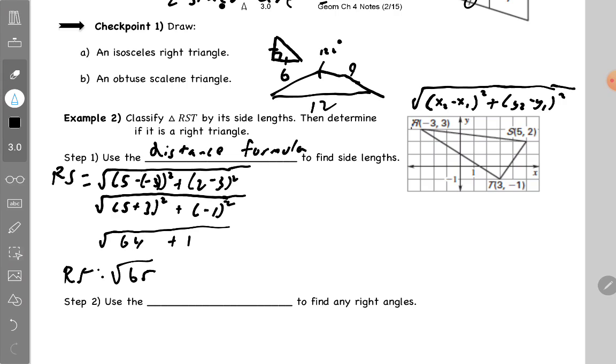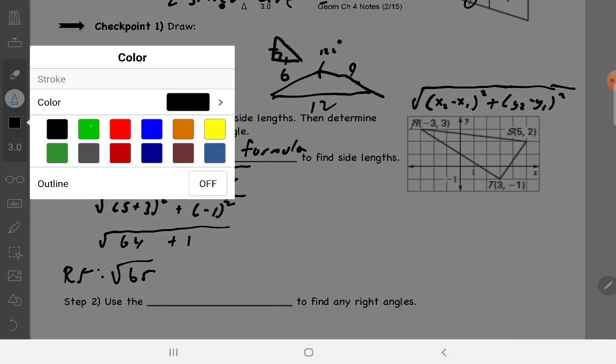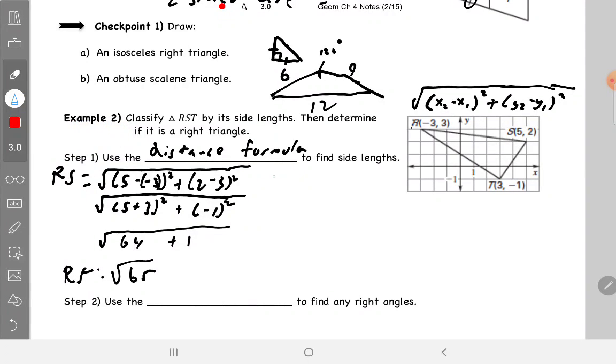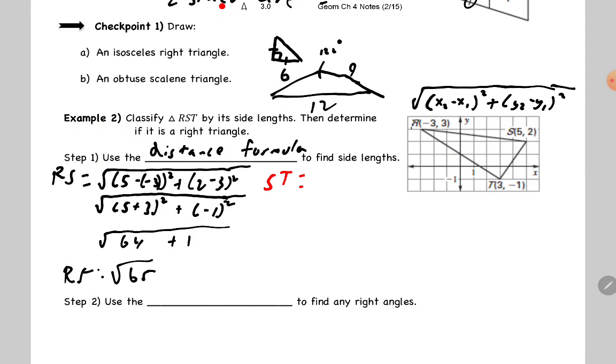Now, let's take a look at ST. I'm just going to do top minus bottom.